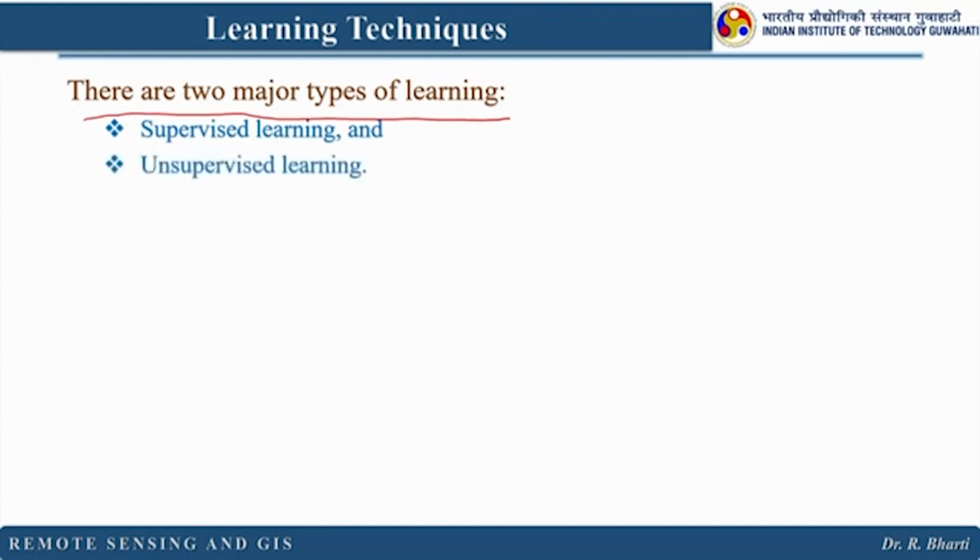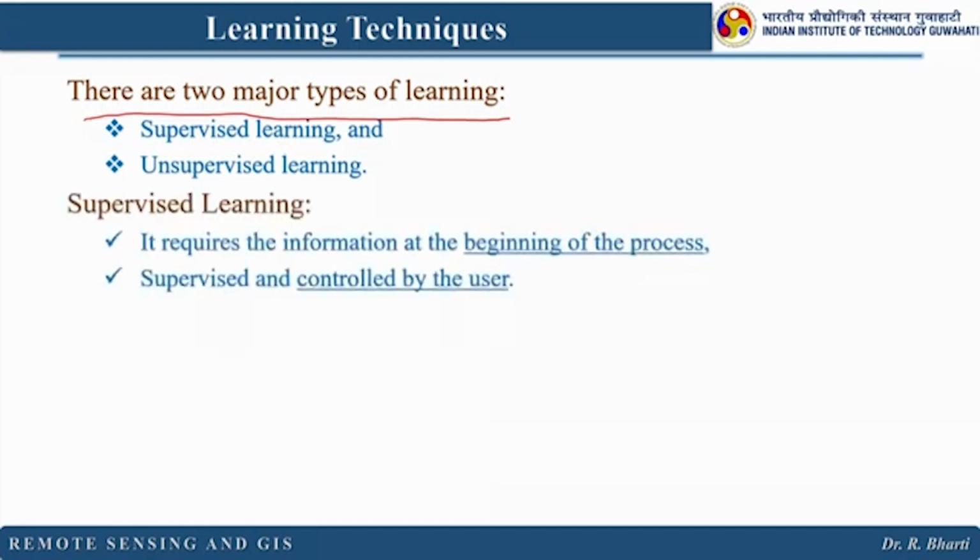So in supervised learning, the analyst has to supervise the whole procedure. In unsupervised learning, what happens? There is no one to guide. So you have given the basic information and the system will start learning itself. So supervised learning requires the information at the beginning of the process, right?